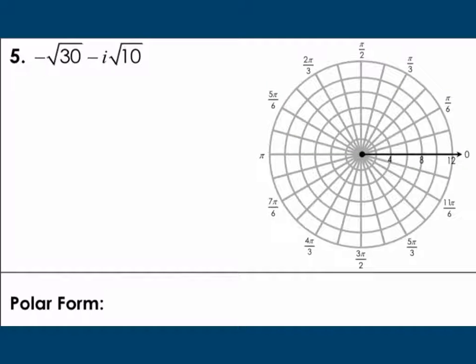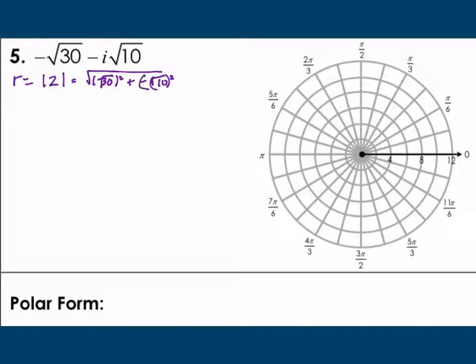Right, number 5. First we want to write it in polar form, so we need to find r, and r is the absolute value of z, which is the square root of negative square root of 30 squared plus negative square root of 10 squared.